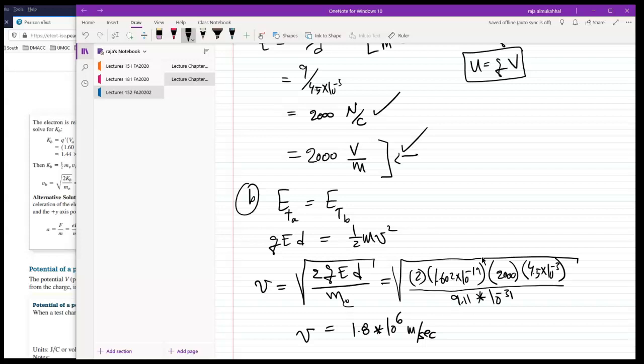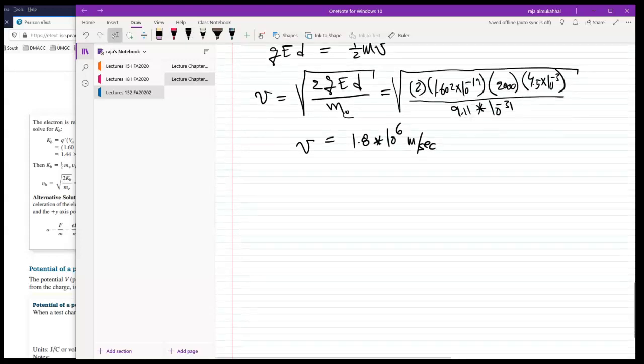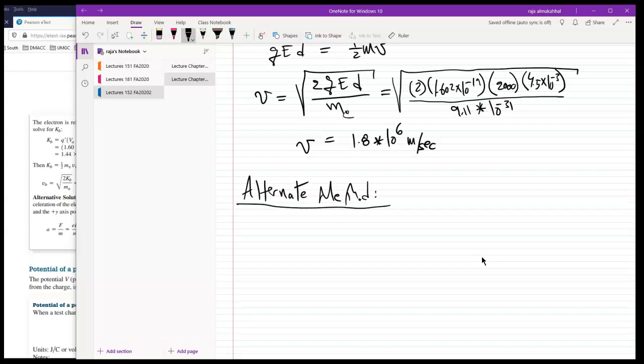Now, is there another way to do it? Yes, we use kinematics. Let me show you an alternate method. How do we do it? Well, we can use the equations of kinematics. The second equation, remember the first and third use time.